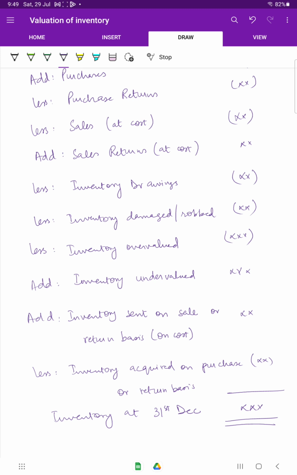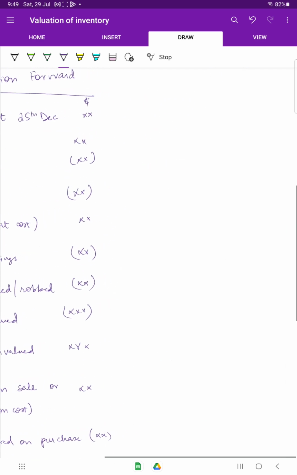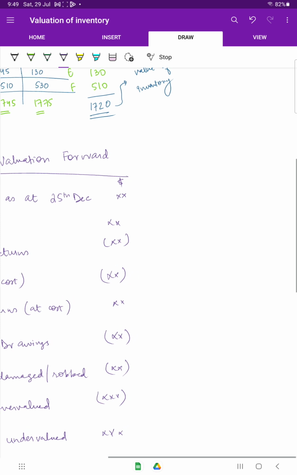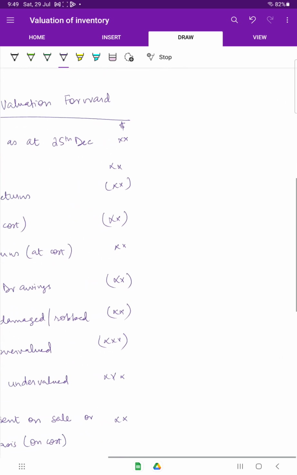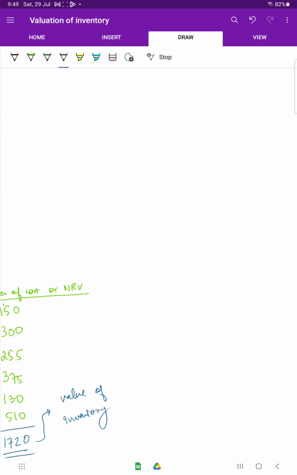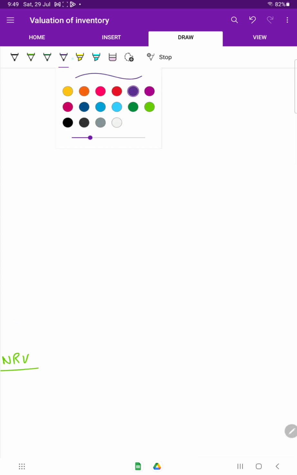Okay, so let's begin with inventory valuation backwards.